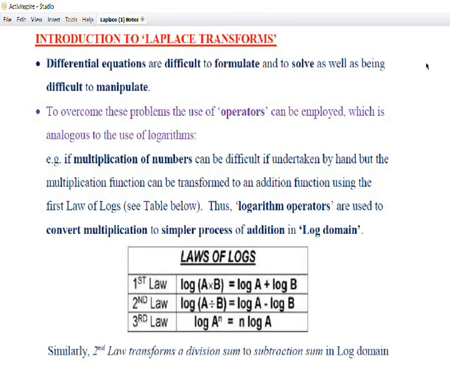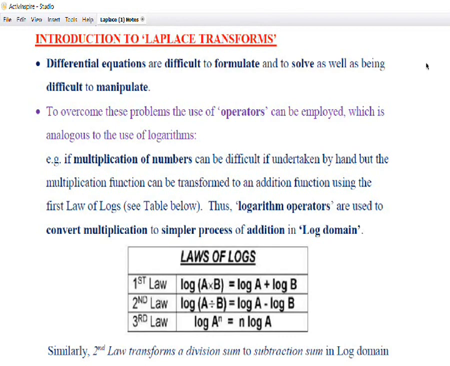The log of a divided by b in the second law can be transformed into log domain as the log of a take away the log of b, so a division has been replaced by a take away operation. And the log of a to the power of n, where a and n are numbers, can be simplified into n times the log of a in log domain.